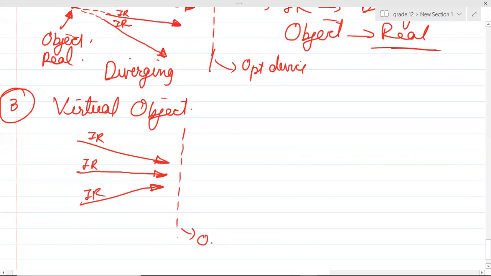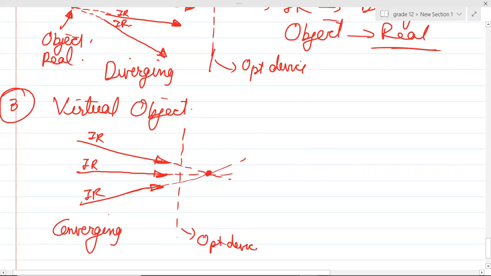So can you see, if this is an optical device, then can you see this particular point, guys? It is again the point of intersection of these incident rays. But can you see over here, in this case, our incident rays are converging in nature.